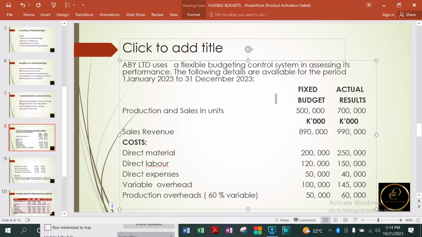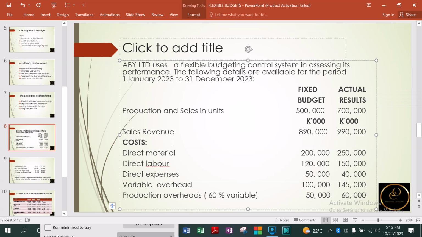So you have the fixed budget, otherwise known as the base budget, and then you have a column which shows the actual results, what has actually taken place. You have the production units, or production and sales units. Under base budget, it's reflecting 500,000. That's what you plan to produce and sell, and then you find that you actually sell 700,000 units.